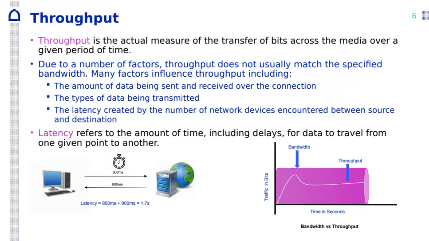This is latency. Which is bigger? Can delay be bigger than latency? No. Latency is the delay plus any other delays. And how much time it took my data to travel from one point to another.